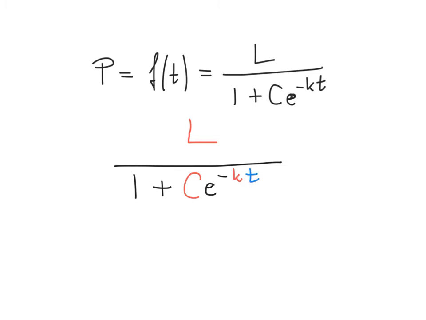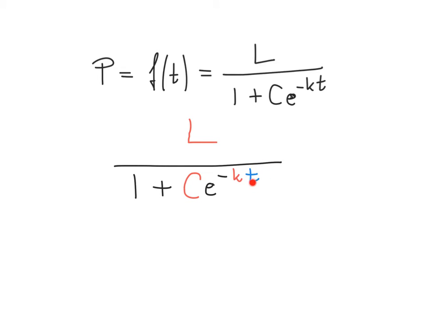Here I used the color red to indicate parameters. So L, C, and K are parameters. So you can choose them, but once they are fixed, they are regarded as fixed for this specific function P, and it is then a function of t.